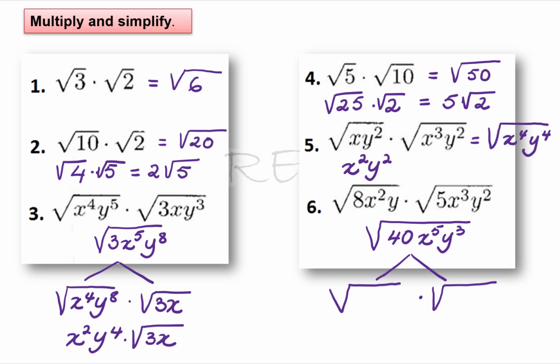Consider 40. 4 is perfect, multiplied by 10. Consider x to the 5th. X to the 4th is perfect. We multiply it by x. Y cubed. Y to the 2nd is perfect. We multiply it by y. The answer is 2x squared y multiplied by the square root of 10xy.